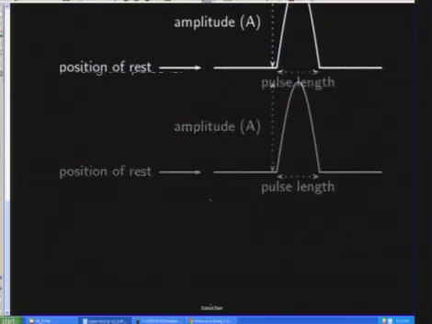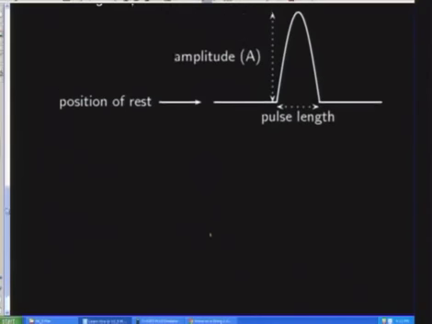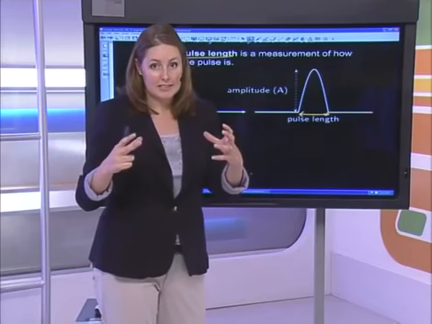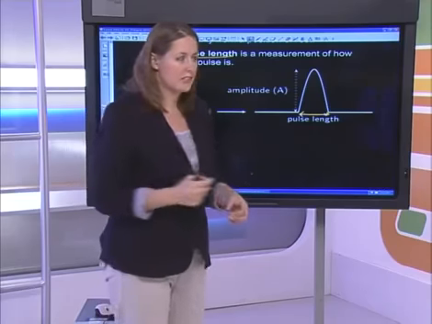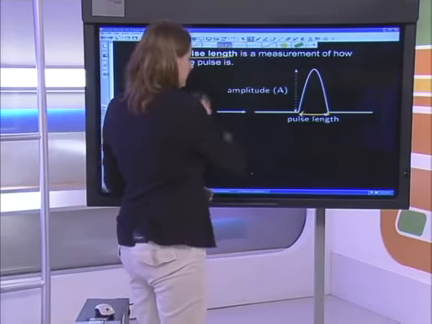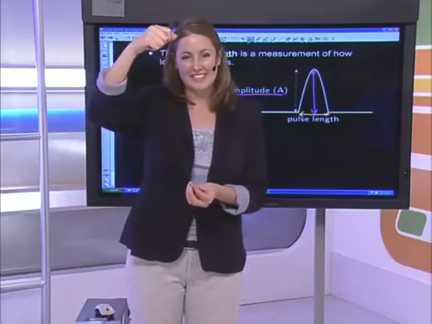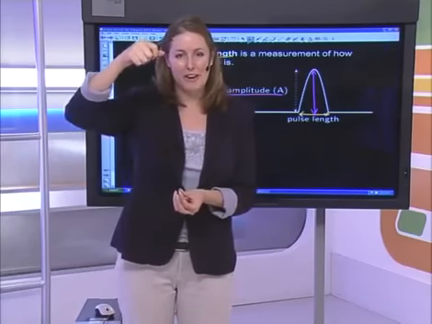And I've got a picture here on the board for you. Sorry, let's just shift that up slightly, of these two. The pulse length would be this distance that the disturbance is, how long the disturbance is, whereas the amplitude is the maximum height that the medium is displaced away from rest.